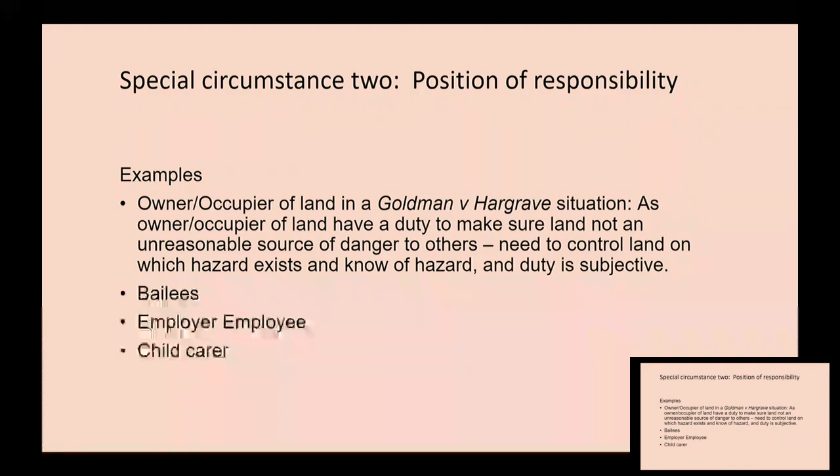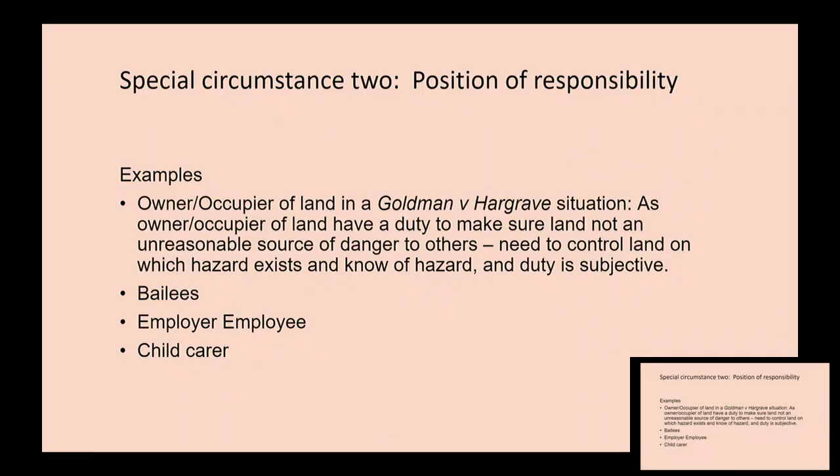So, I don't know if Simon talked about this, but the whole idea of the Goldman duty is that it kind of sits in this no man's land between negligence and nuisance. And the reason for this is liability in nuisance is generally strict, but liability under the Goldman standard is fault-based.